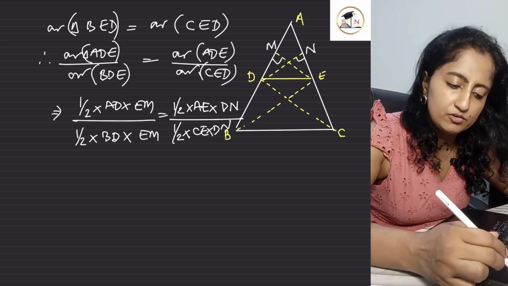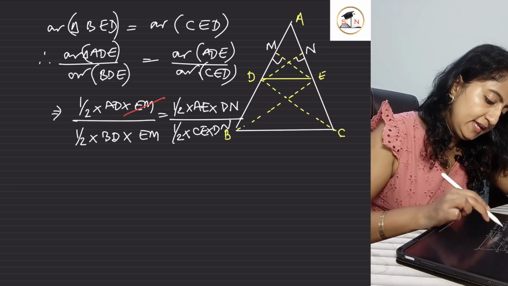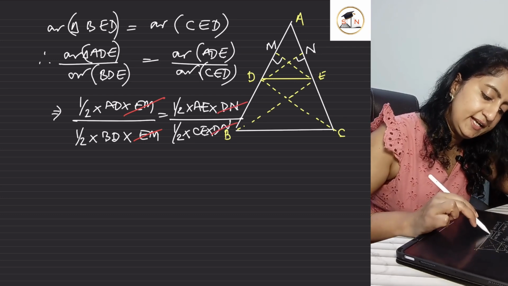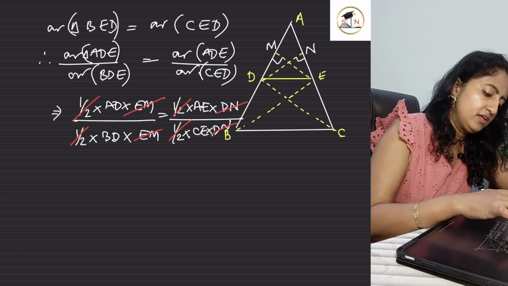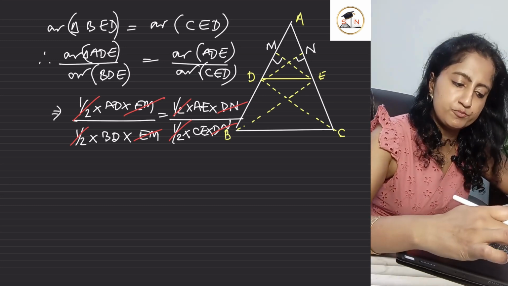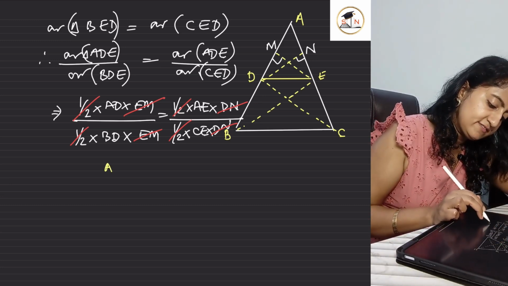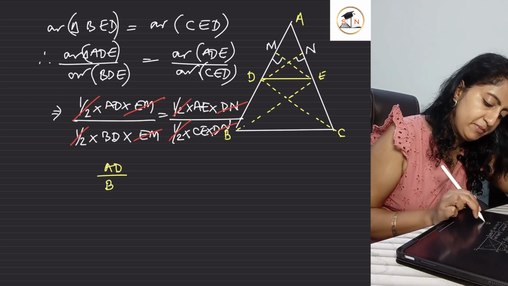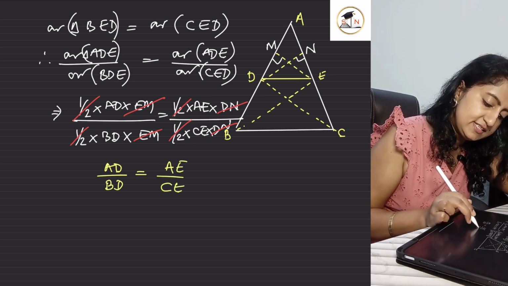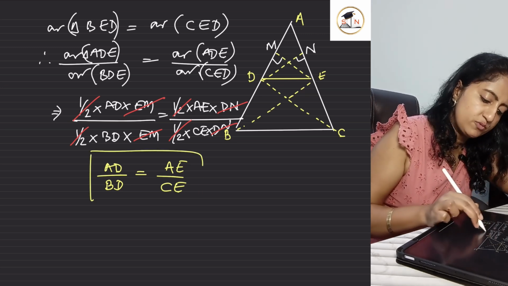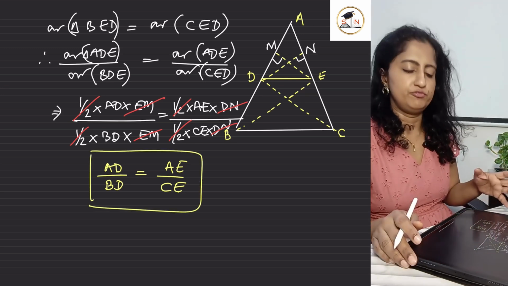So what are we getting now? We are getting EM getting cancelled, DN getting cancelled, half cancelled, right? So now we are at the verge of proving our theorem, and that gives that AD over BD equals AE over CE. This is what we are supposed to prove.